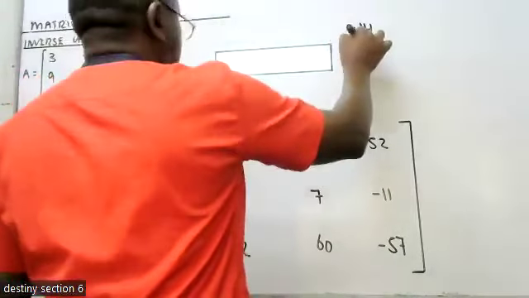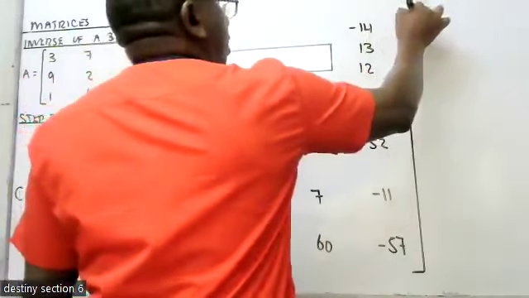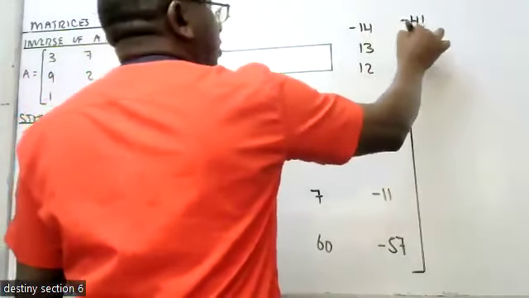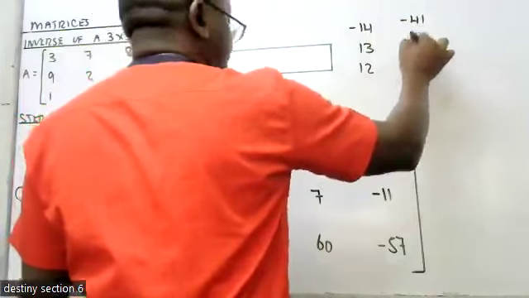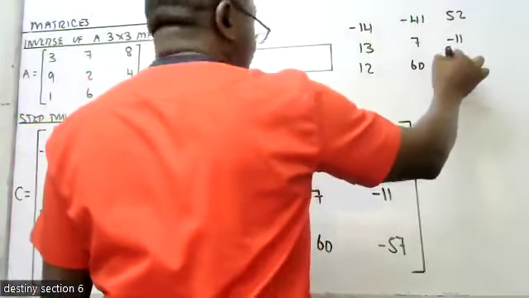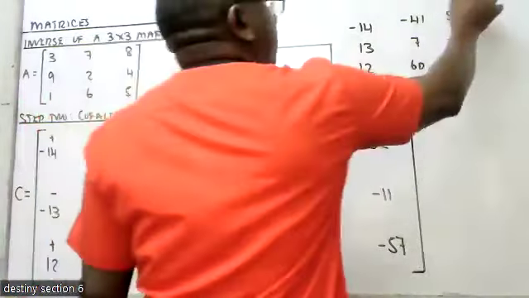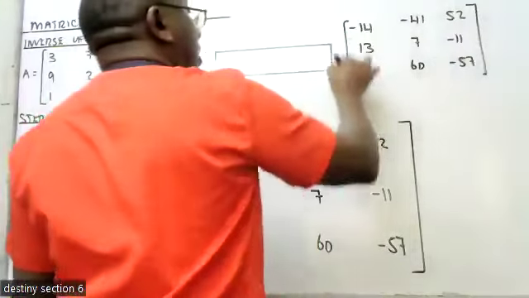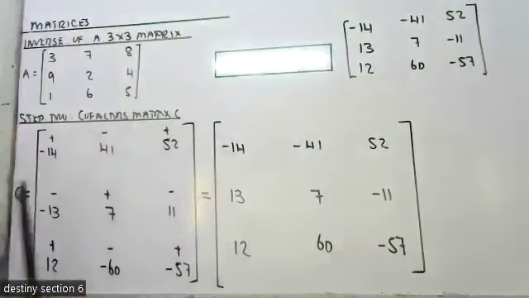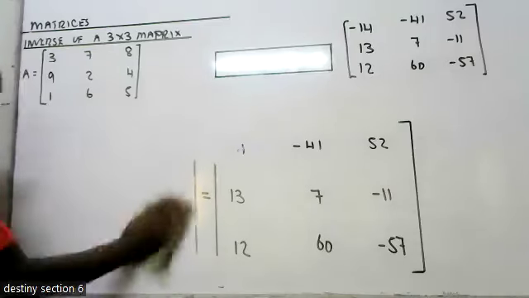This is minus 14, 13, 12. Minus 41, 7, 60. 52, minus 11, minus 57. So that is our cofactors matrix C.